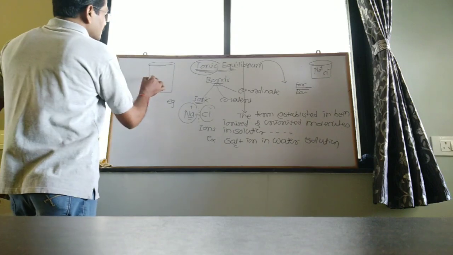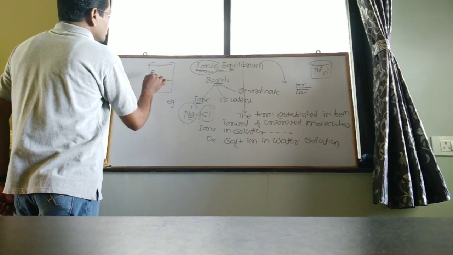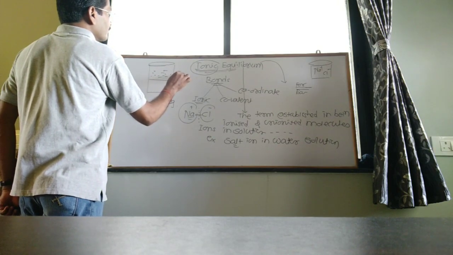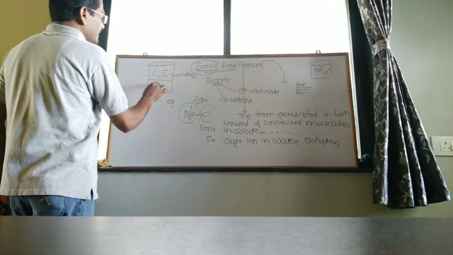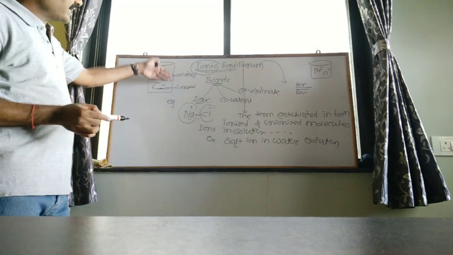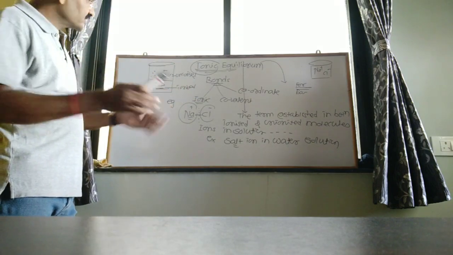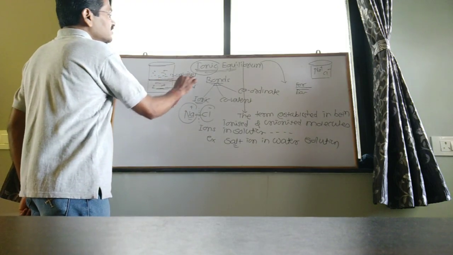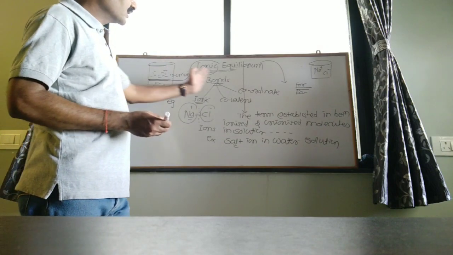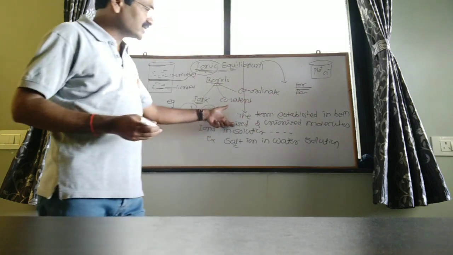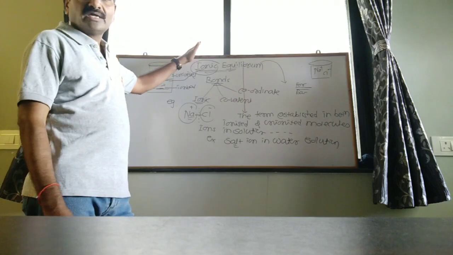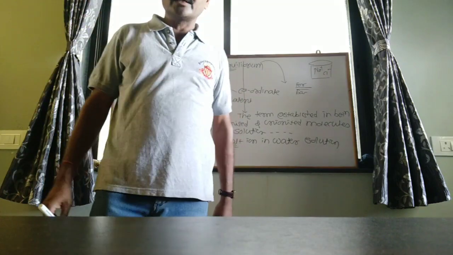Suppose these ions are the unionized and these ions are the ionized. Both can be distinguished or separated by a layer. That layer is called ionic equilibrium. So the term established in between ionized and unionized molecules in a solution is called ionic equilibrium.